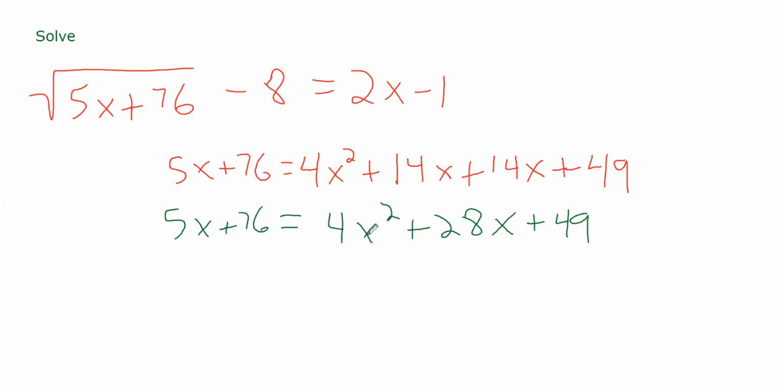And now that we have something that looks a little bit like this, we're down to a quadratic. We have no more radicals in the equation. We need to basically get everything on the same side of the equation. So I'm just going to move this left-hand side over. Move everything over here.